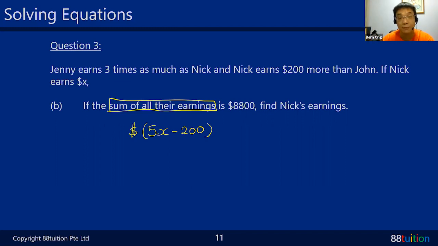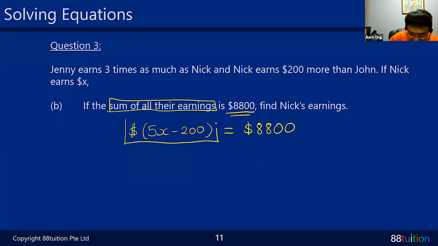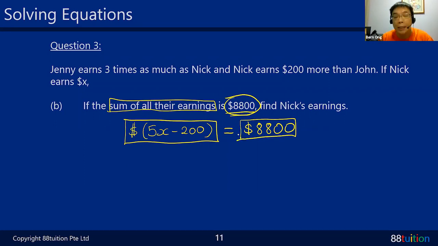Total is 5x minus 200. The earning is also 8,800, so it's equal to 8,800. From an expression, they give you the extra clue, which is the value. So you can actually form an equation.